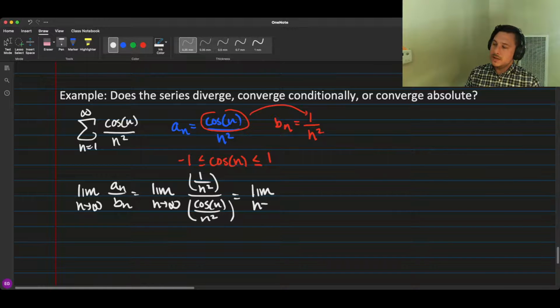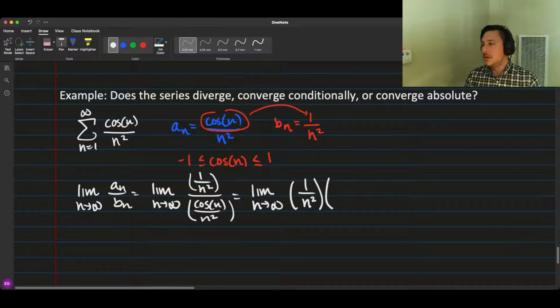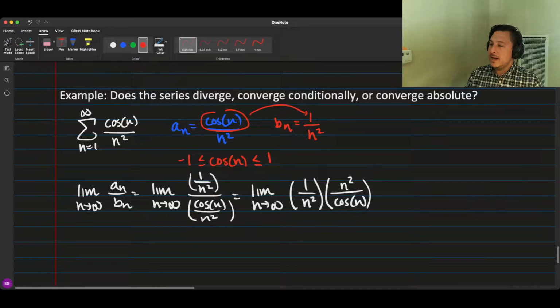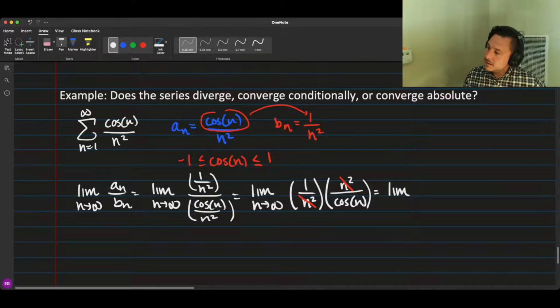So we do some algebra: we've got our 1 over n squared, and we multiply by the reciprocal. So now you're going to get n squared over cosine n. And look what happens. Those n squareds go away. Which leaves you with the limit as n goes to infinity of 1 over cosine n.